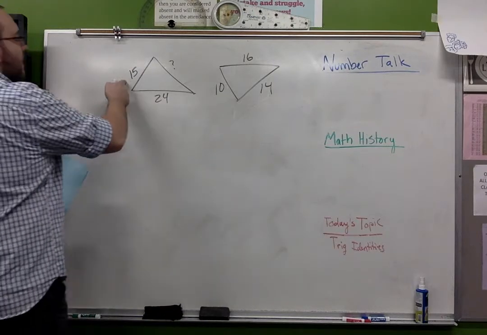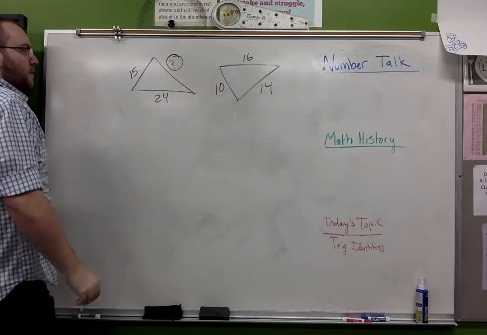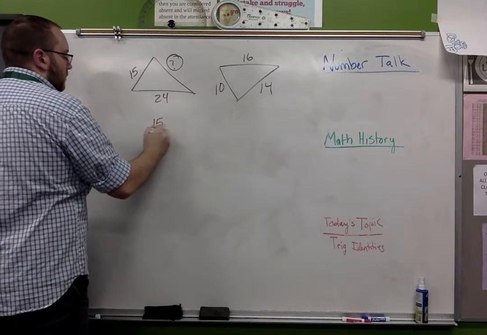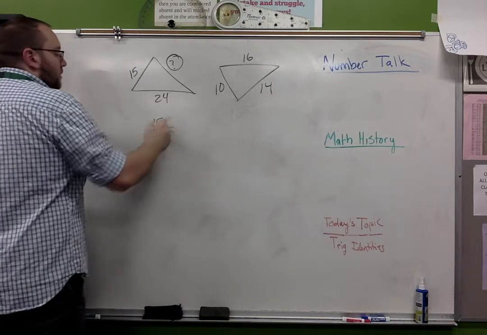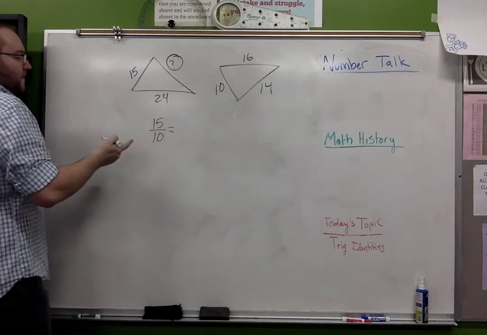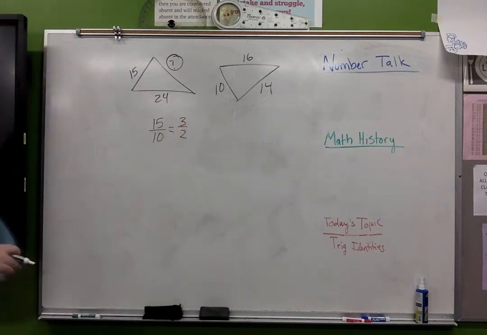Our short side is going to correspond with short side. I want this length here. So I'm going to go 15 over 10. Divide by 3 in the numerator, divide by 5 in the denominator. 3 over 2 is our common ratio, or the scale factor.